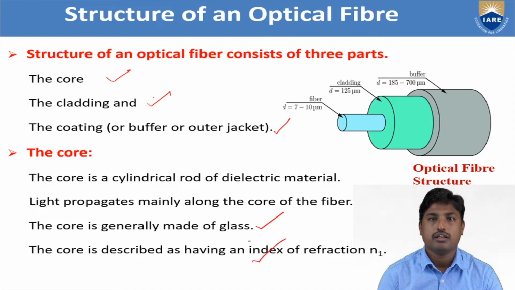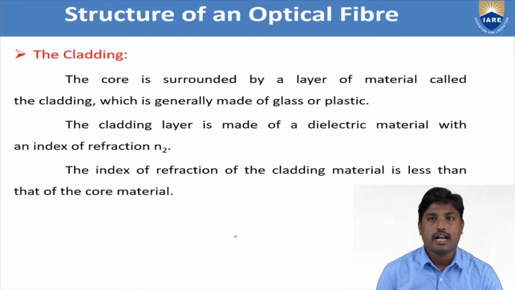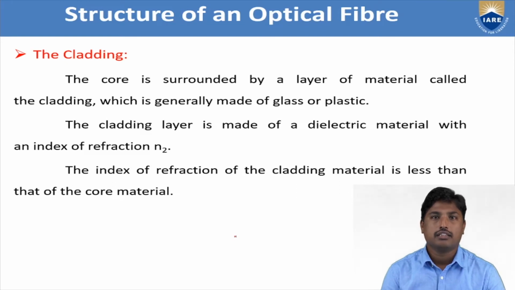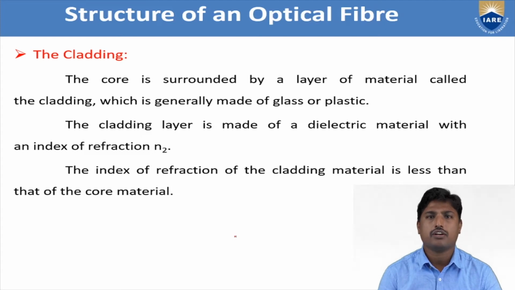We already discussed the refractive index of the core and cladding; compared to the cladding, the core has a higher refractive index. This is the structure again. About the cladding: the core is surrounded by a layer called the cladding. That is also made of glass or plastic material. The refractive index of the cladding is slightly less than the refractive index of the core.